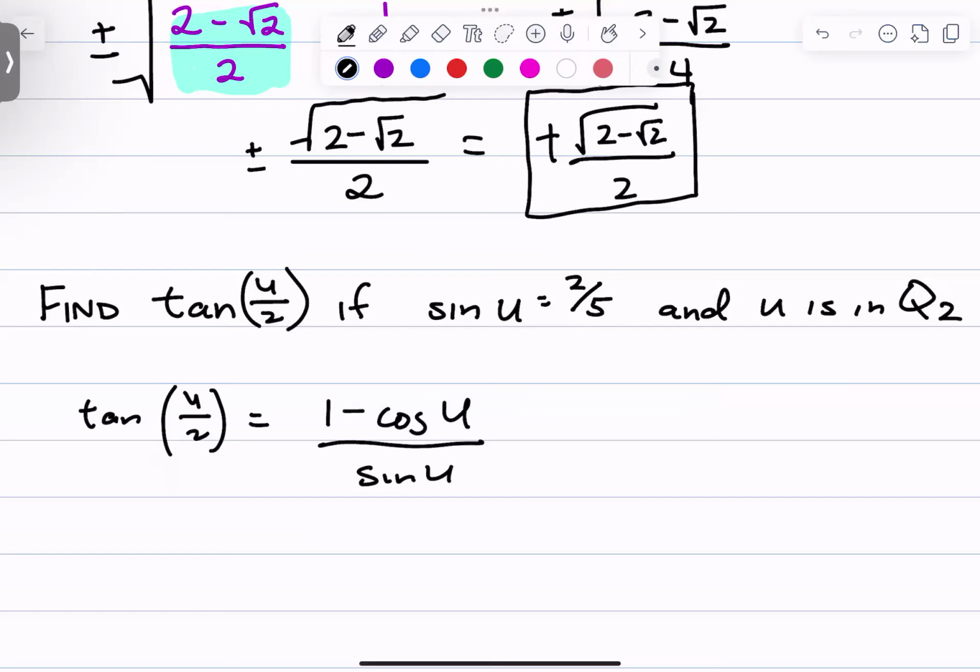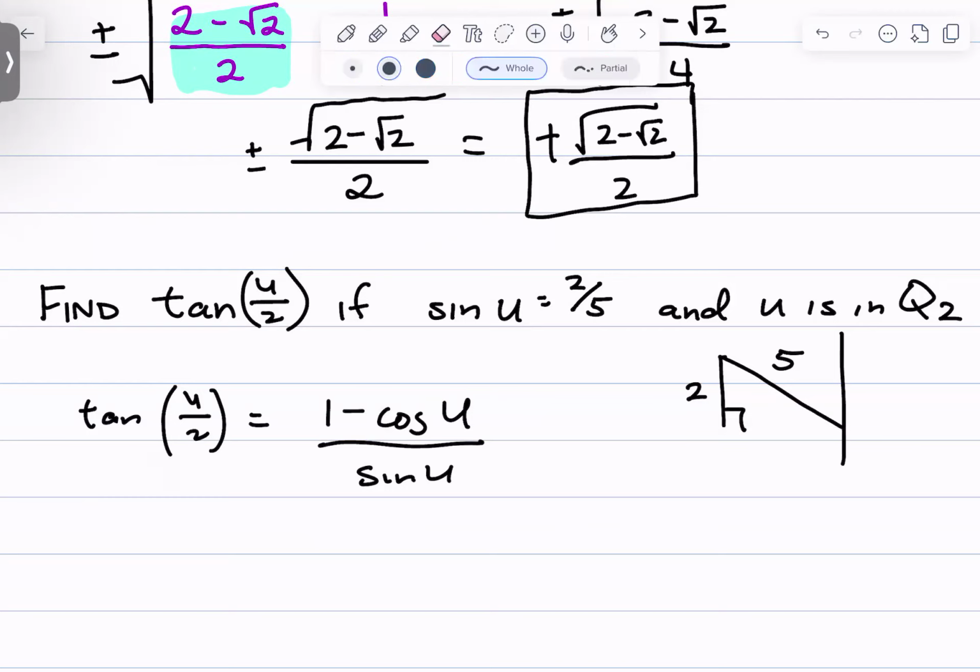If u is in quadrant 2, draw a random one. Sine is 2 over 5. So what is the squared? What's 5 squared minus 4? So this side is square root of 21. Right? But it's also negative because I'm on my second quadrant.